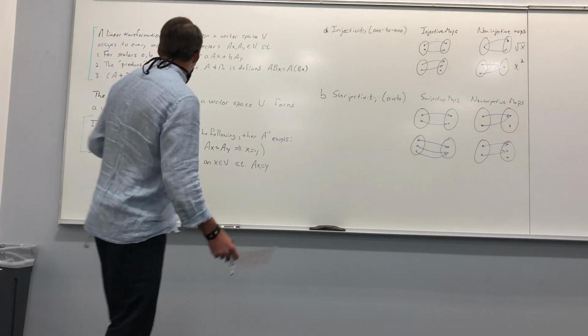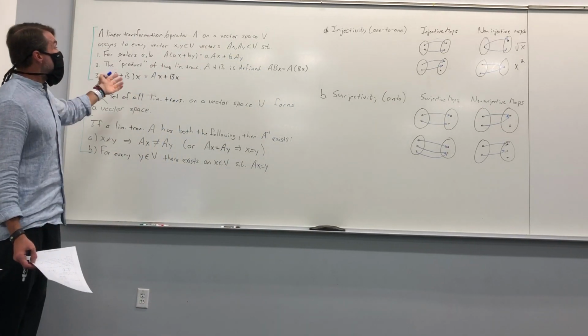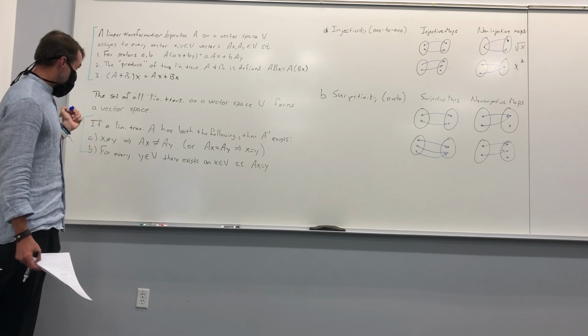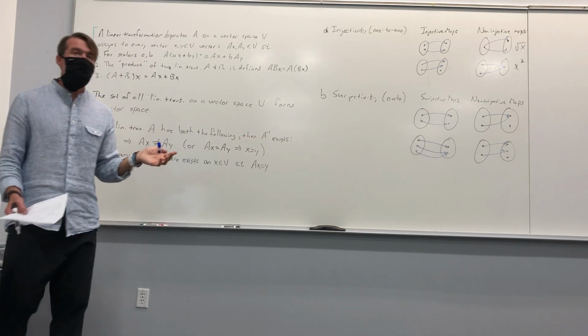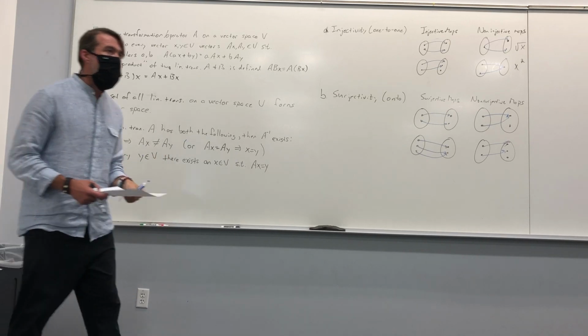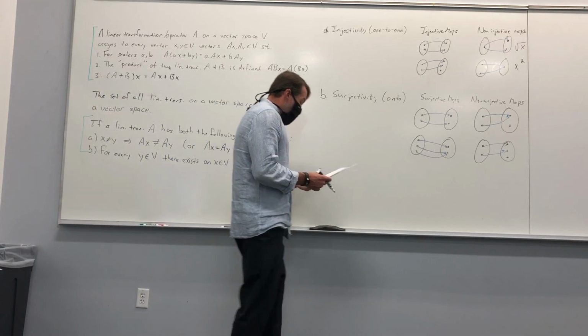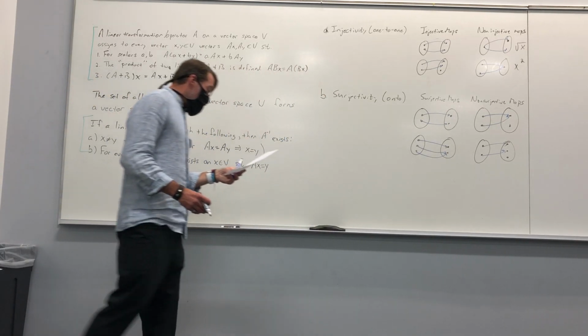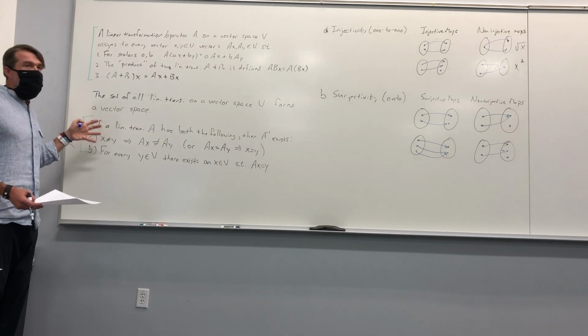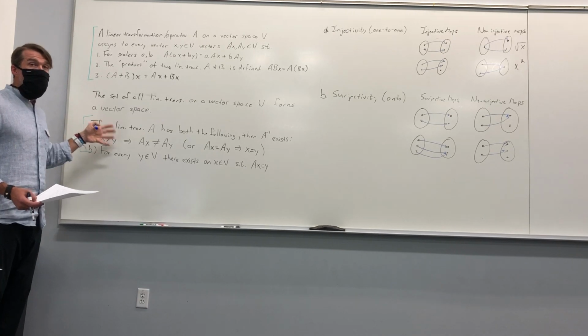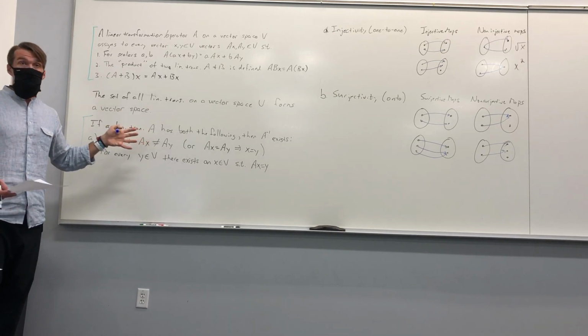Of course, the whole point of this is to prove that there's an inverse, the multiplicative inverse of linear transformations. So now we can put the condition for a linear transformation to have an inverse in even simpler terms.